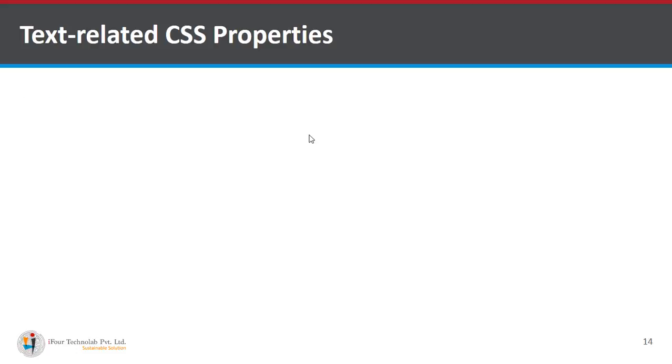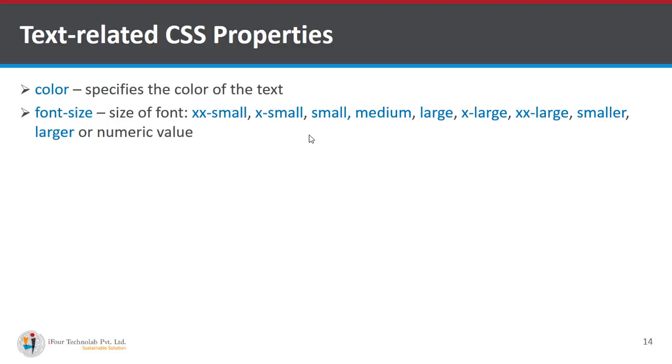So, some of the text related CSS properties. Color specifies the color of a text. Font size is the size of a font: xx-small, x-small, small, medium, large, x-large, xx-large, smaller, larger, or any numeric value which you can give in pixels, for example 12 pixels. You can also give a percentage like 12%, whatever suits you.